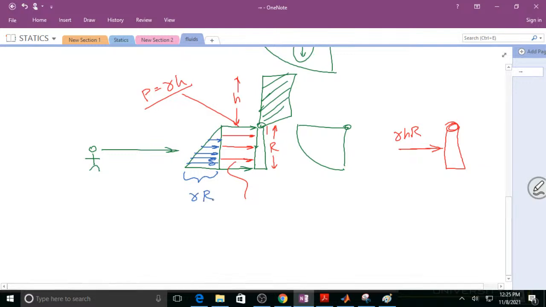Now, if I want to take a uniform load, being that this is the case, and I'm looking at this, I'm trying not to pick the pen up, and you'll see why in a second. So if I had a uniform load here, then that would be gamma R, because that's what this is, times R, because that's what it's applied against.